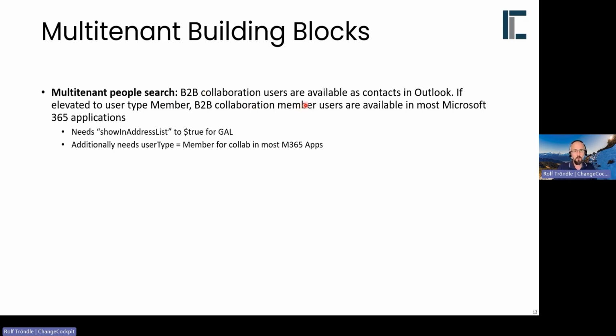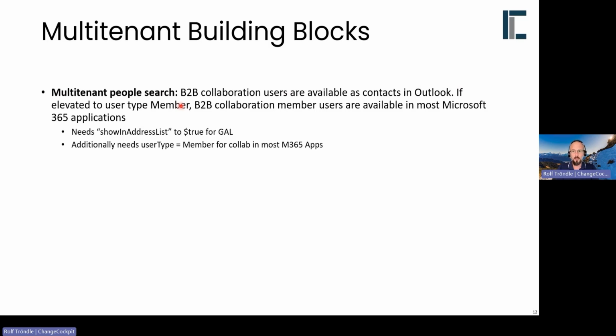So if you configure multi-tenant organization, then these B2B collaboration users will be visible in your Outlook, for example, in your global address list. Then these users will be elevated to the user type of member. We need to be very exact here because we need to distinguish between B2B guest users and B2B member users.